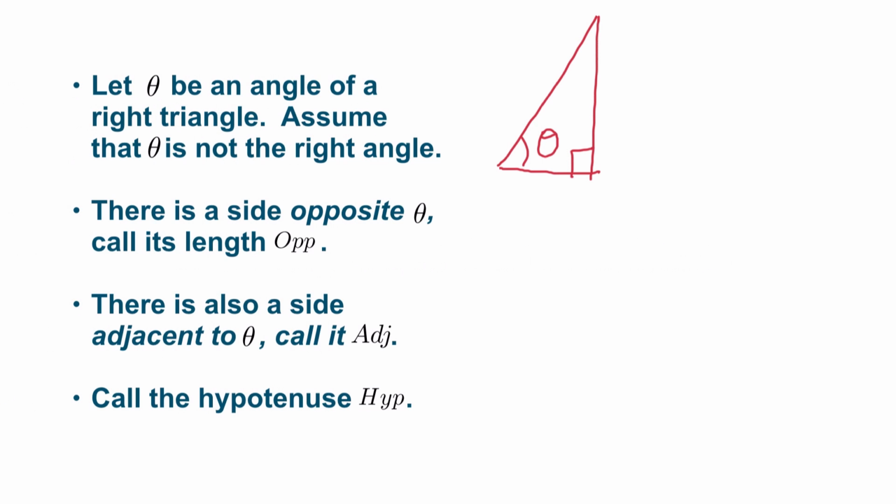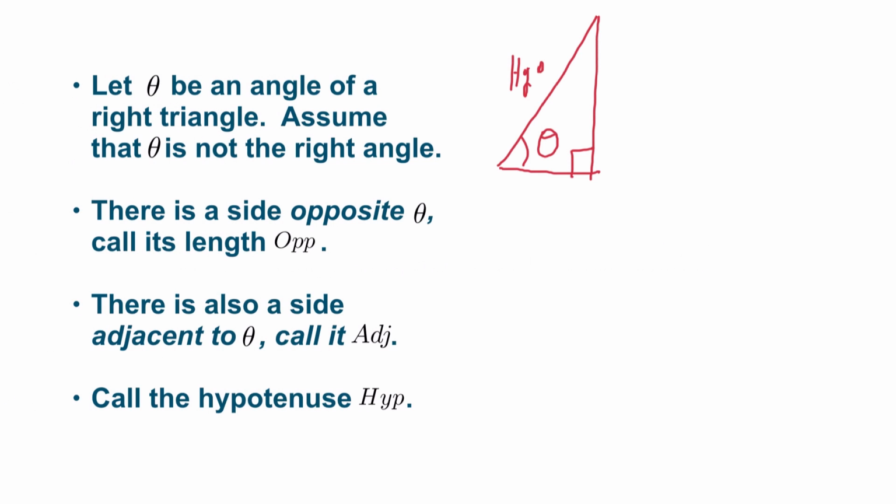There are three sides to this triangle. The longest one is what's called the hypotenuse. It's opposite the right angle. That is, the right angle is here and the hypotenuse is there. That's what's typically meant by opposite here.